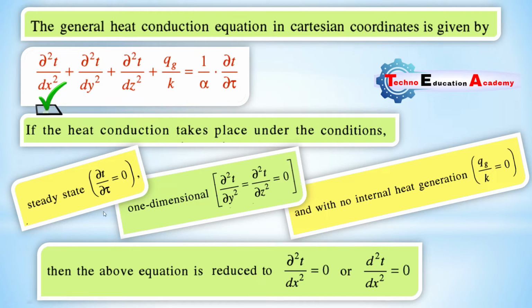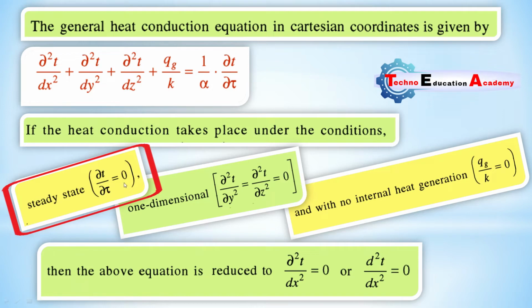We also assume that the heat transfer is steady state, means it is not a function of time, so del T by del tau is 0. This equation we have already derived in our previous lecture. If you want to clear your fundamentals of how to derive this equation for Cartesian, cylindrical and spherical coordinates, then you can watch these videos.